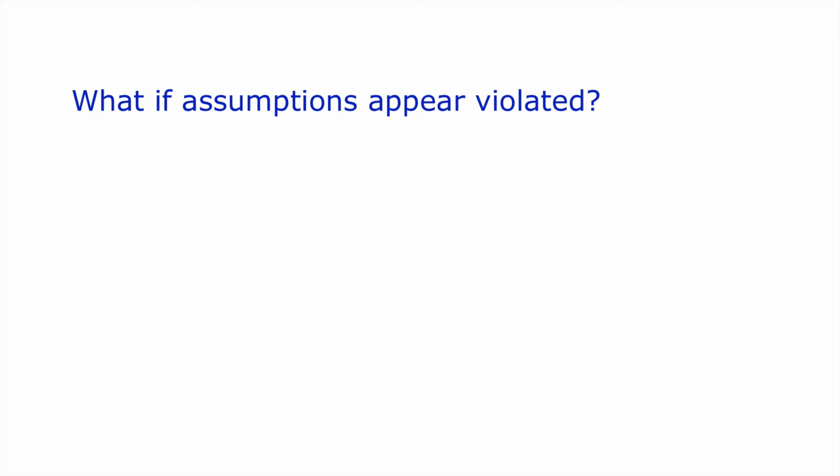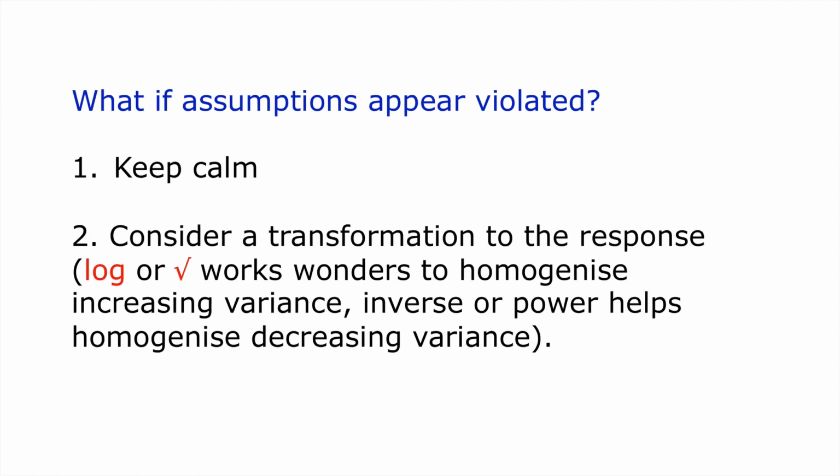For example, our residuals do not appear nicely homogeneous amongst the groups that we are comparing. The first thing is to keep calm. This happens regularly, and we, as biologists, have a whole range of tools available to us to deal with it. The most common way of dealing with it is to consider a transformation of the response.